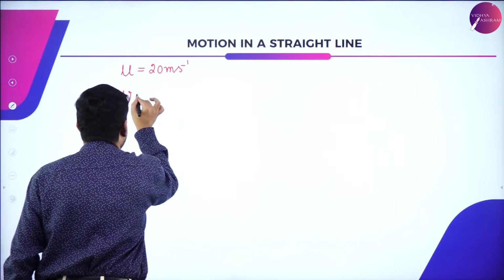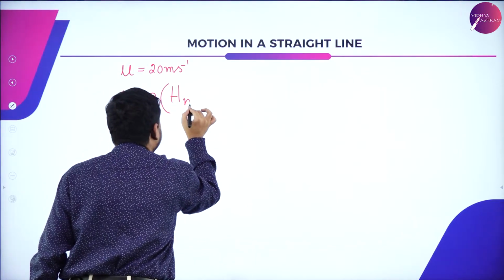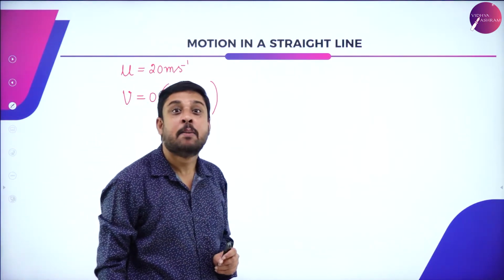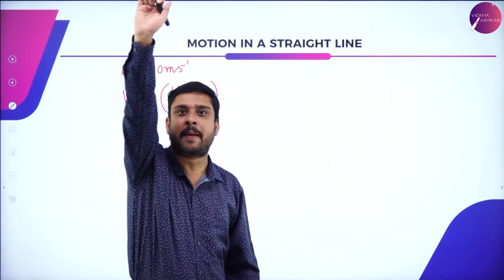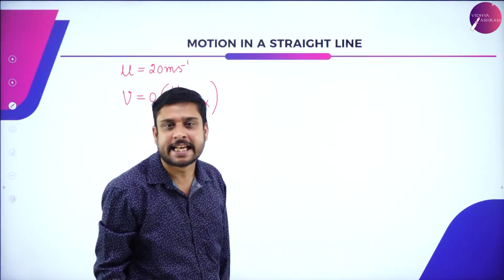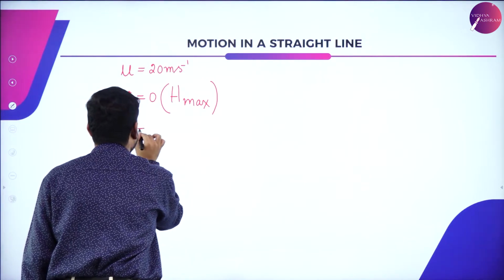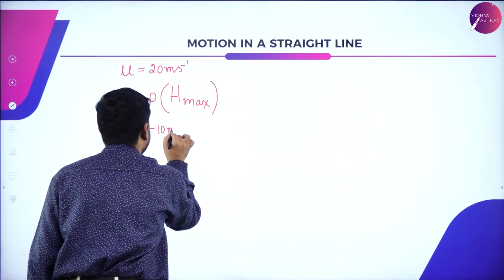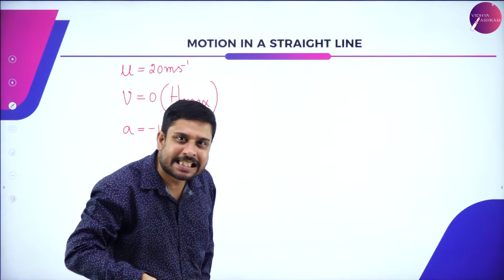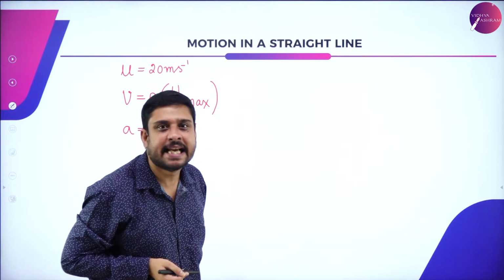And the final velocity is 0 as the body reaches maximum height. At the maximum height, we have studied the final velocity is 0. And here, a is minus 10 meters per second square, because it is upward motion. The body is thrown vertically upwards.